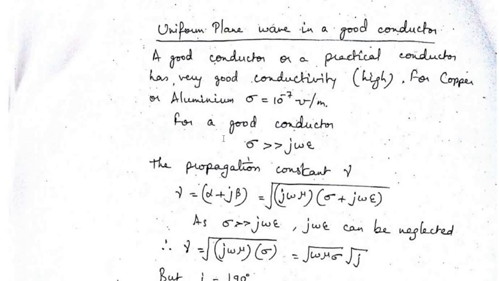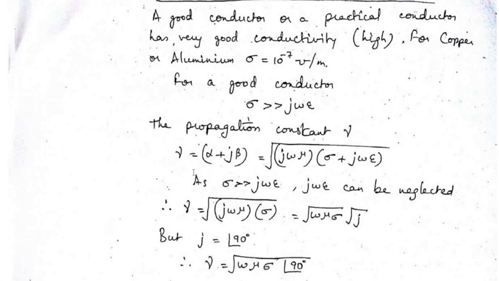So we can use this substitution here, sigma, which is the conductivity, is a much larger value compared to j omega epsilon. So take the equation for gamma, which is alpha plus j beta, equal to under root of j omega mu into sigma plus j omega epsilon. Now here sigma, that is the conductivity, is a very high value, so you can neglect the other term, that is j omega epsilon.